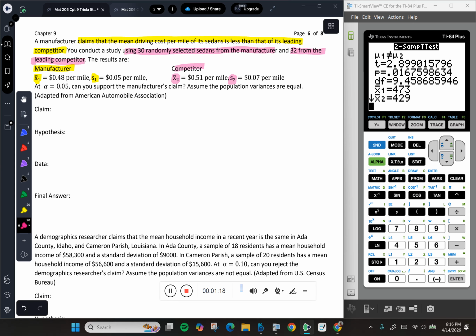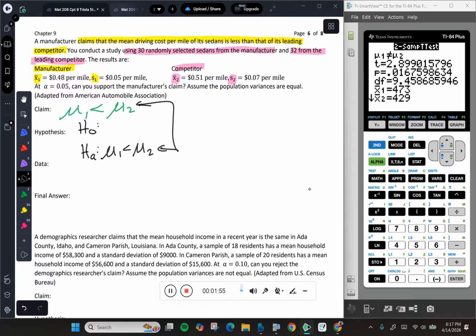All right, so back to the claim. The claim is that the manufacturer thinks that theirs is cheaper than the competitor. So the claim would be that the mean cost for them, mu1, is less than the mean cost for their competitor, mu2. Now, as a pair of hypotheses, a null and an alternate, since there is no equality in that statement, the alternate is going to be the claim that mu1 is less than mu2.